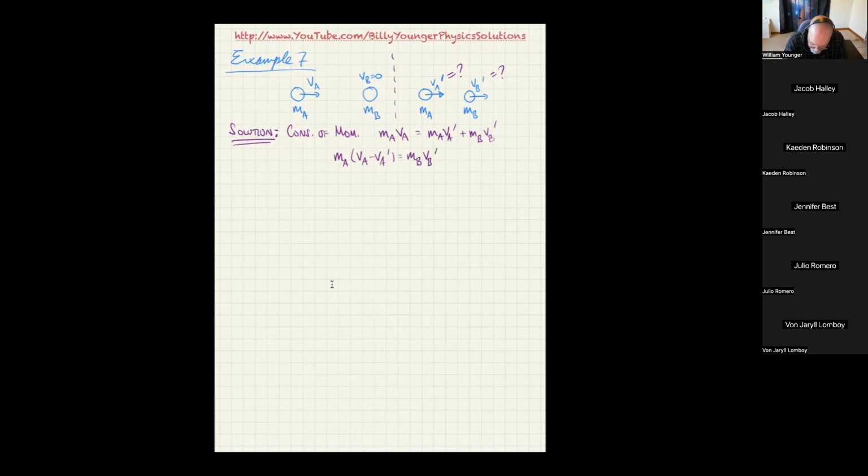Now I'm going to use equation 9-8, which, by the way, recall, let me write it in red right here. That's actually, there's no masses in it. That is VA minus VB is equal to the negative of VA prime minus VB prime. In this case, we're going to choose VB equals 0.